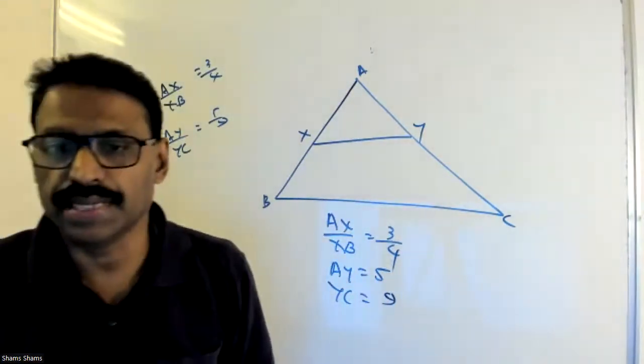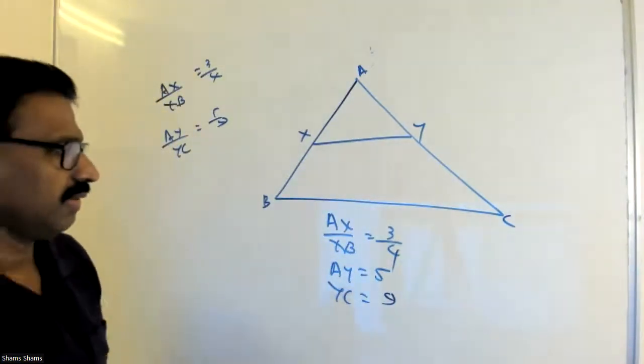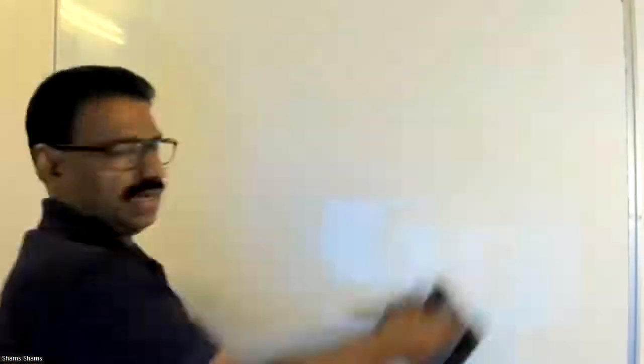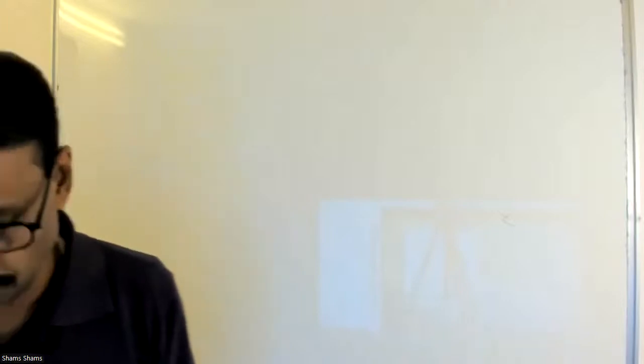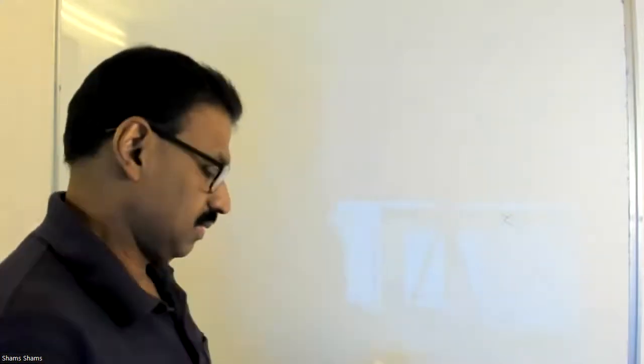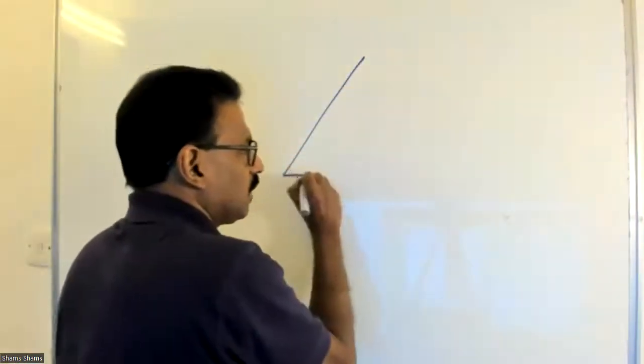How come Harry has a negative answer? I told you just now, length cannot be negative. You put x equal to a negative value. How? Aaron is correct. Why am I always saying negative answer?